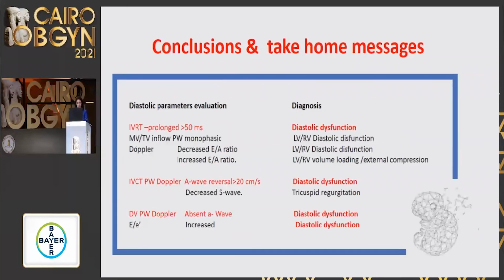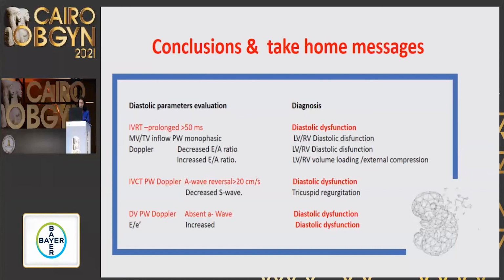What we should conclude is that diastolic parameters like prolonged isovolumic relaxation time, monophasic flow through the atrioventricular valves, and an absent or reversed a-wave in the ductus venosus can tell us about diastolic dysfunction.